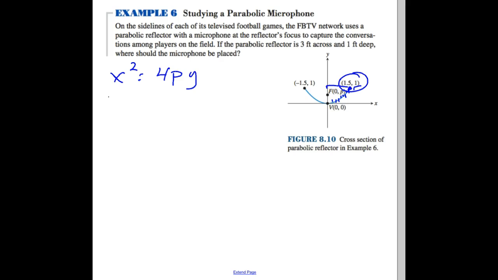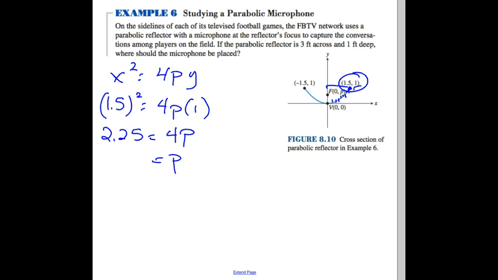So if I put a 1.5 in for x, and I put a 1 in for y, I know it has to work. So can we figure out p from that? All right, 1.5 squared is how much? Good, 2.25 equals, and on the right side we just get 4p. Divide 2.25 by 4.